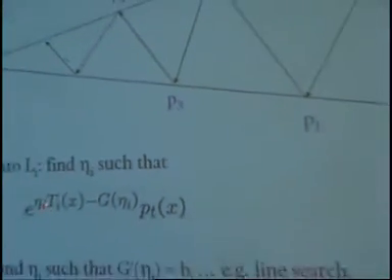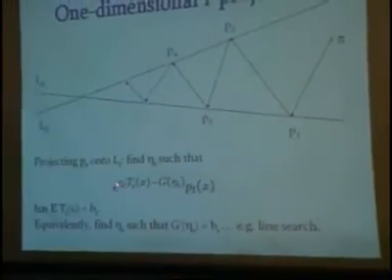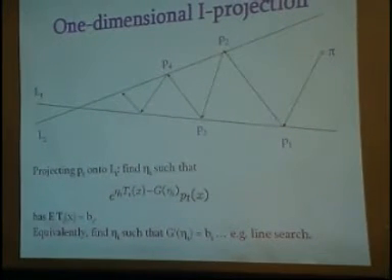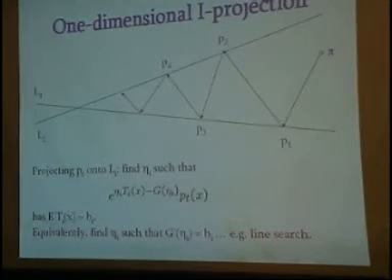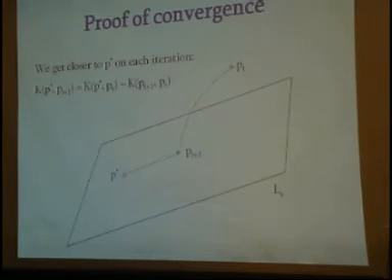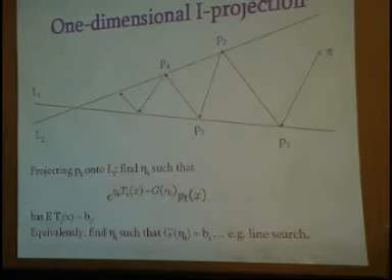So the thing we're looking for is of this form, where eta i is just one real number. That's quite easy: we're just looking for the thing of this form that has the right expectation. We can just do a search for this. And so we get these simple one-dimensional problems. The question is, why does this converge?